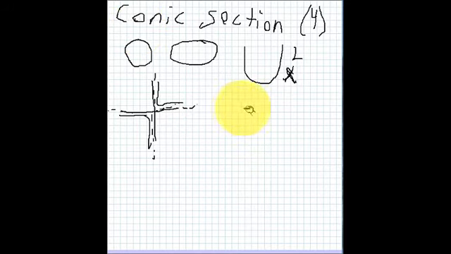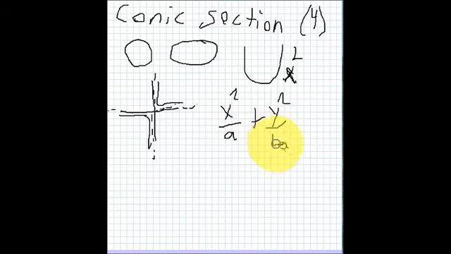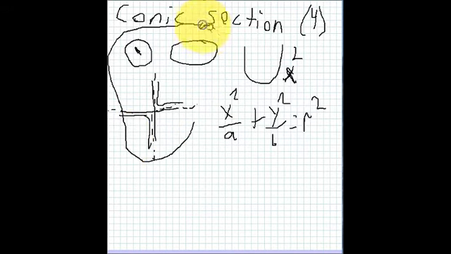I don't think you're going to need to memorize the equation for a circle, but just for reference, this is the general equation for a circle: x minus a squared plus y minus b squared equals r squared, where a and b, I believe, tell you the center point of the circle, and r is the radius of the circle. I'm just casually mentioning that. I really don't think we'll need it. So we're not really going to need these 3 conic sections for calculus.